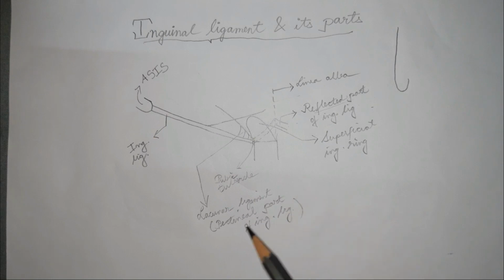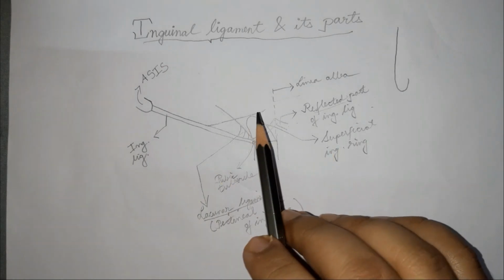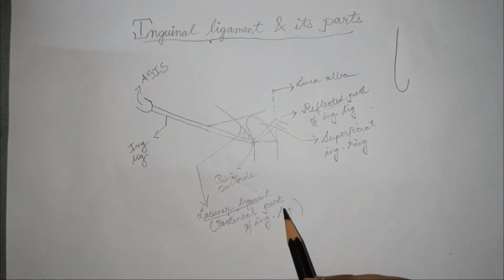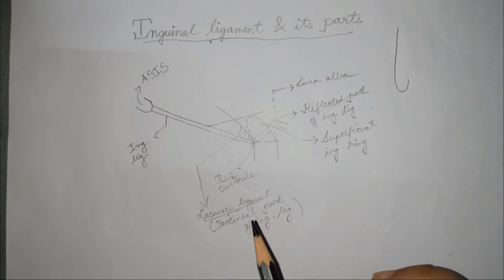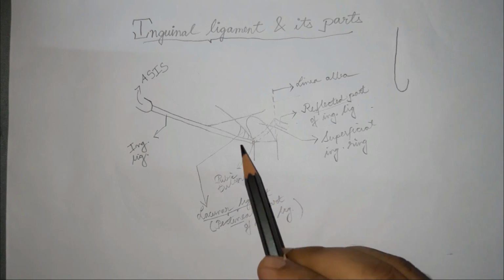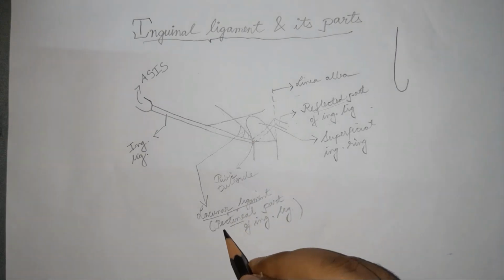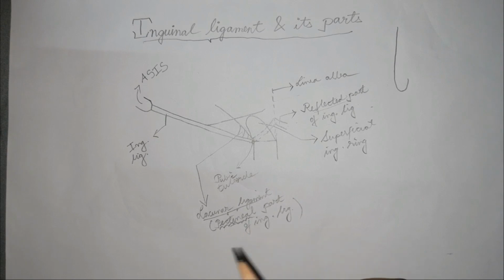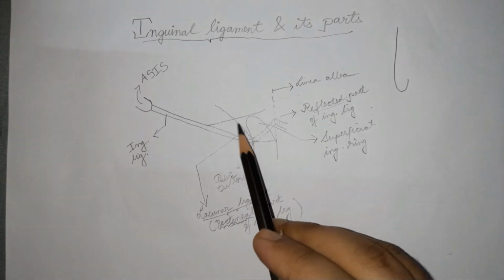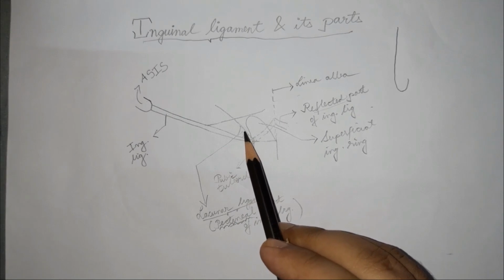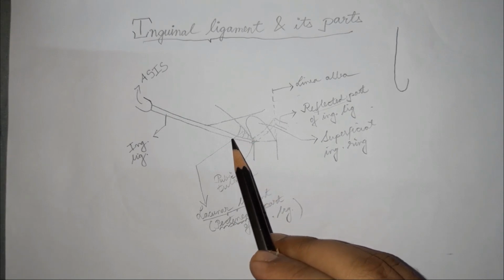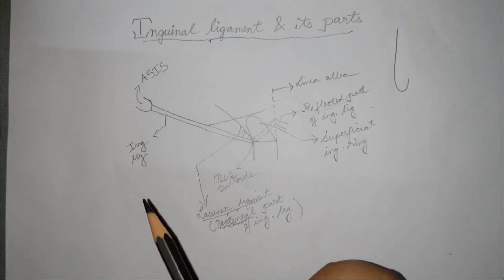Why I had to mention both of these names is that lacunar ligament is the more catchy name, so you will obviously remember that. Why I mention the pectineal part of the inguinal ligament as well is because, since there is pectineal in the name, you will remember that an attachment of this ligament will be at the pecten pubis.